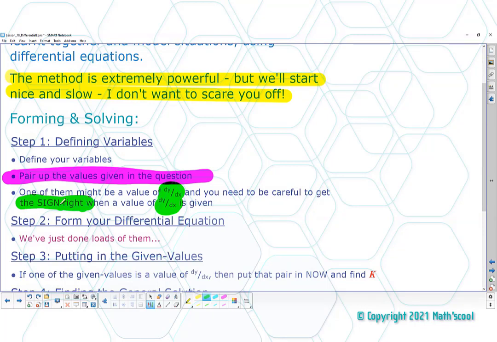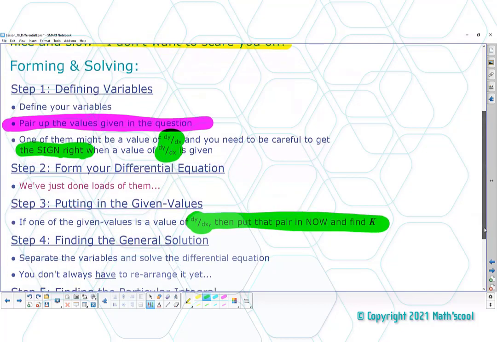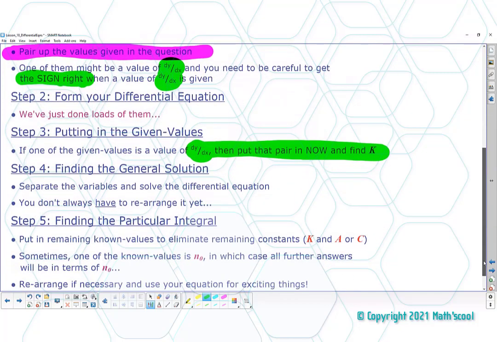If one of the values they give you is a dy by dx or dN by dt or something like that, then form your differential equation. Then put in the given values. If you're given a value of a rate, then you put it in before you solve the differential equation.